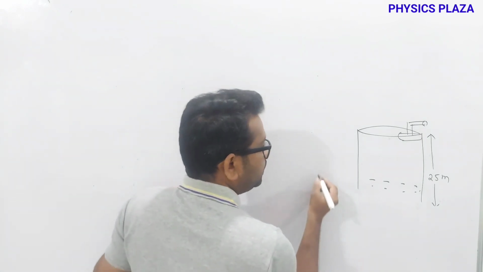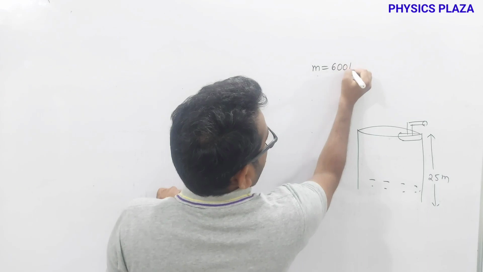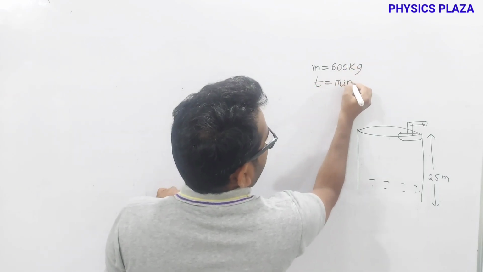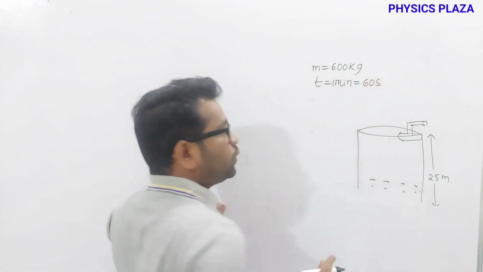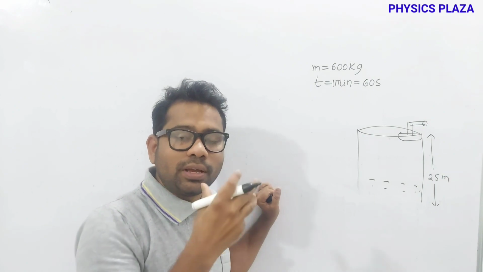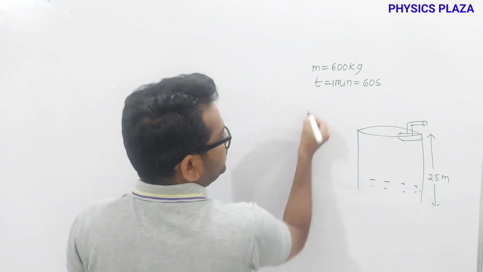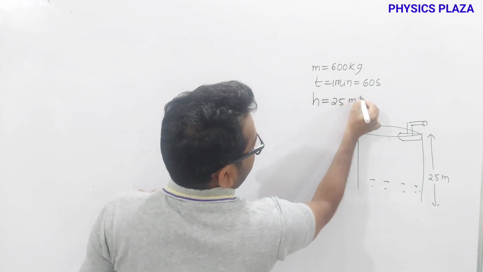Mass is given as 600 kg per minute, and 1 minute is 60 seconds. For every 1 minute it has to lift the 600 kg of water from a depth of 25 meters, that is, h is equal to 25 meters.